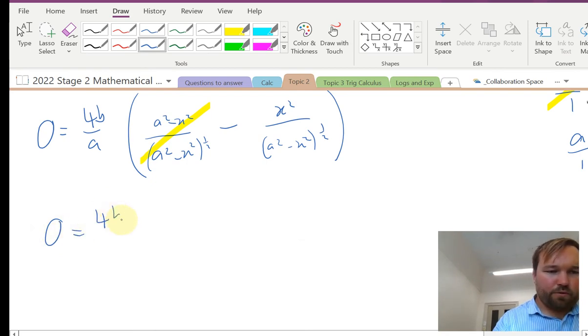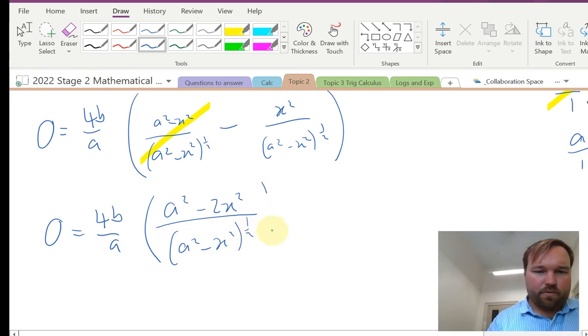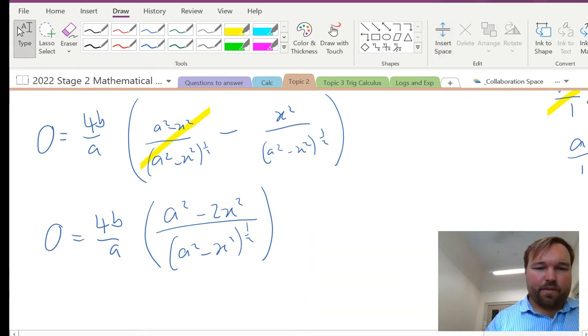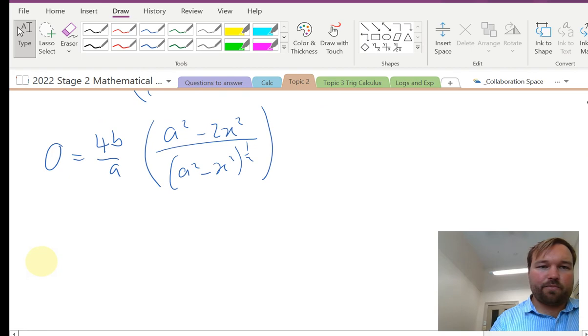0 equals 4b on a bracket. Now on the top, a squared take 2x squared over a squared take x squared to a half. Alright, we're getting somewhere. Note, the only time we can get a solution is when the top is equal to 0. So really, this is what we're interested in.